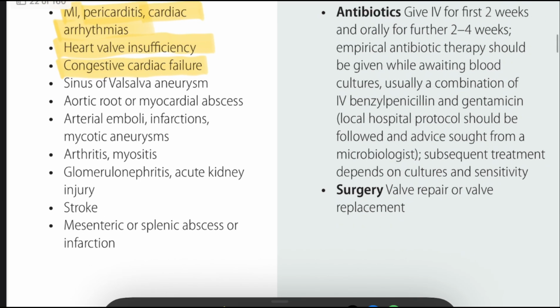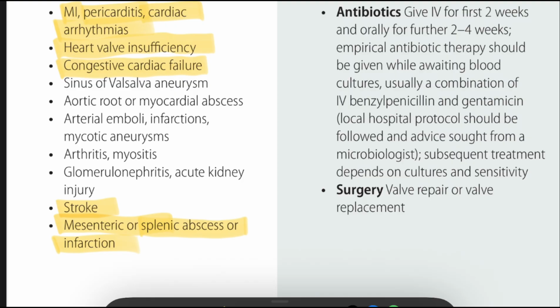Next, we can see some embolic complications, like left-sided infective endocarditis because of vegetation. We can see systemic emboli, and it can lead to stroke, splenic abscess or mesenteric infection, or renal infection. Next, you can see right-sided infective endocarditis complications.